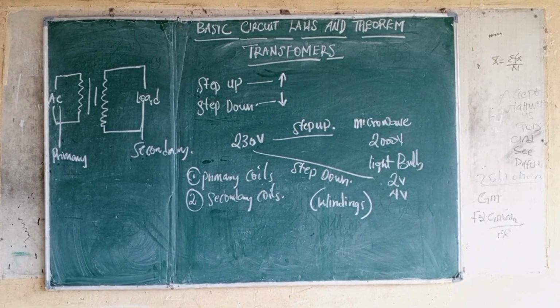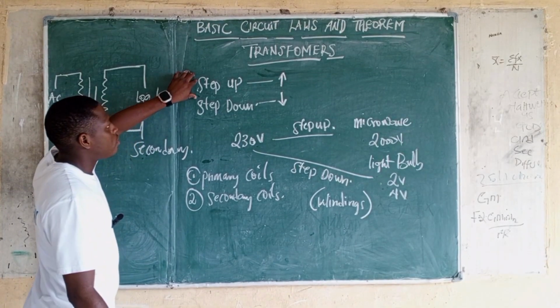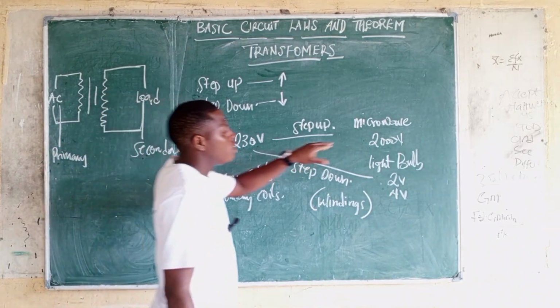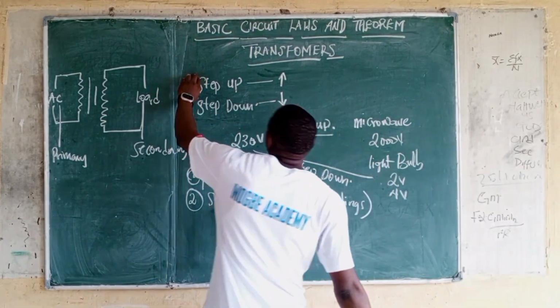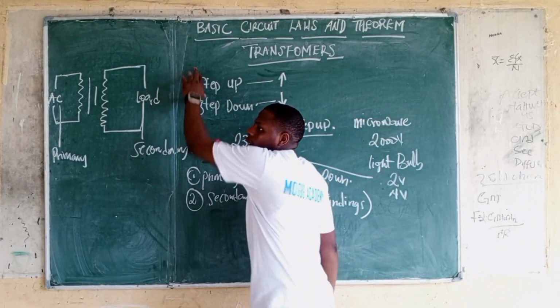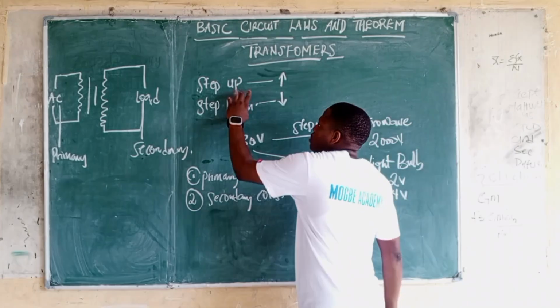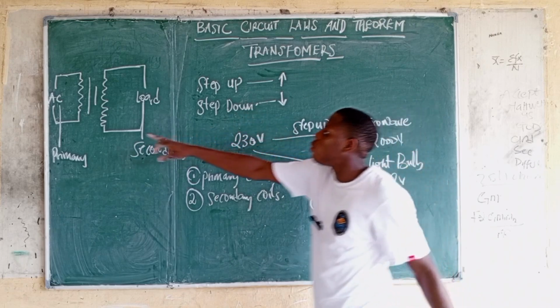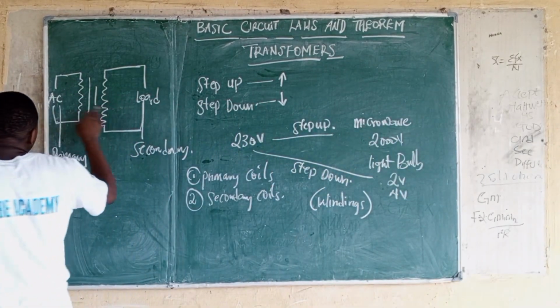So we talked about a transformer being a device that steps up or steps down an AC voltage source. Now, how do you identify a transformer that steps up and a transformer that steps down an AC voltage source? You identify this through your coils or through your windings.